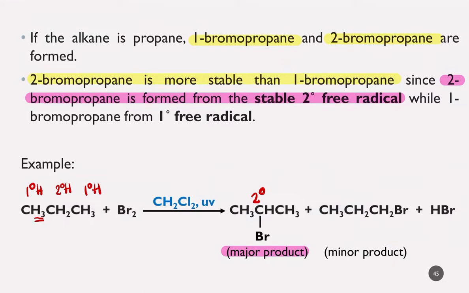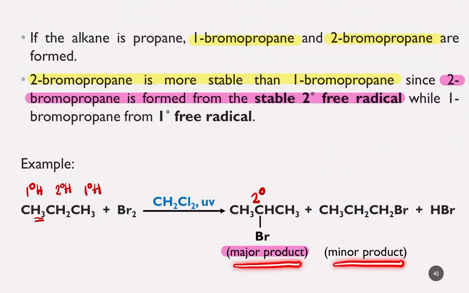So you have different classes of hydrogen because you have different classes of carbon, okay? So when you have different classes of these atoms, okay, when you undergo halogenation, okay, you will form a major product and a minor product.